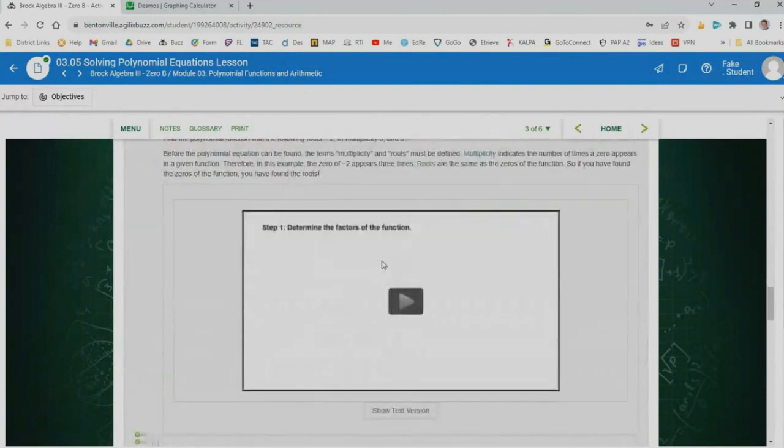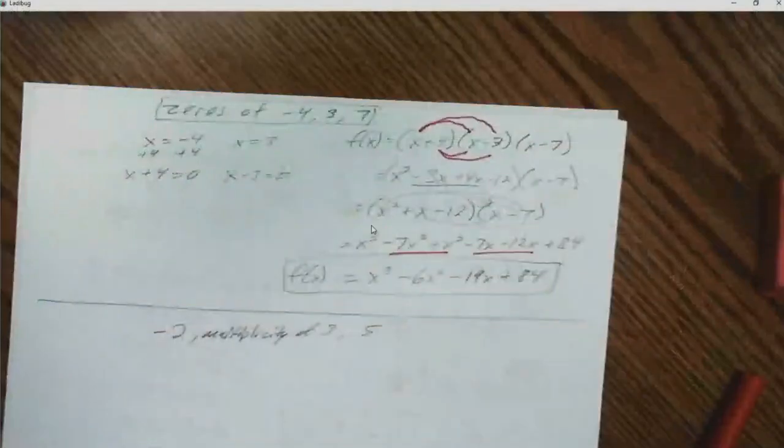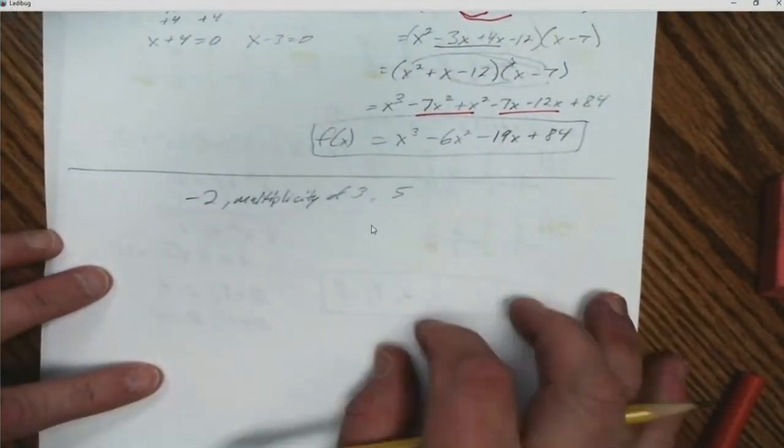Here's another one. It has a negative 2 with a multiplicity of 3, and 5. I'm not going to work this all, but we'll set it up real quick. Negative 2 with multiplicity, that's a fun word to write, of 3 and 5. And they said, okay, what's this equation?